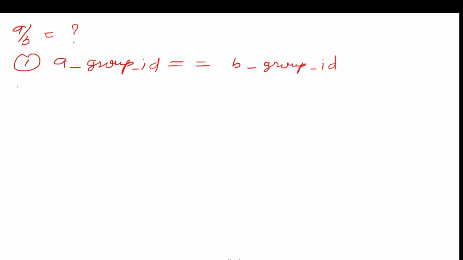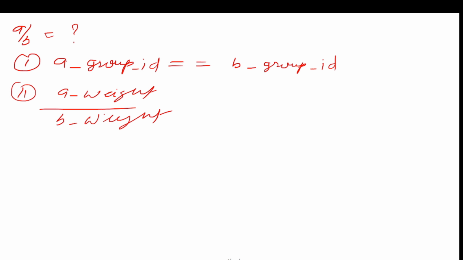Otherwise there is another condition also. There is a weight: a_weight and b_weight. I'm writing a weight and b weight directly, and we will divide the weights.